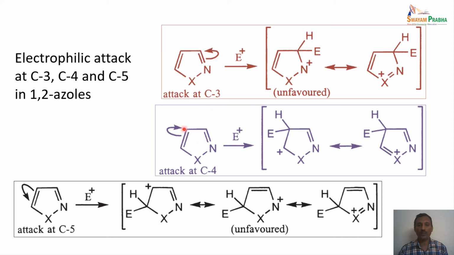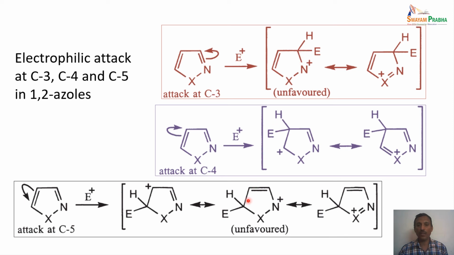Whereas if the attack takes place on C4, then we have two resonance structures possible for this intermediate, and when the attack takes place on C5, then we have one structure which is again unfavored, like the attack on C3.